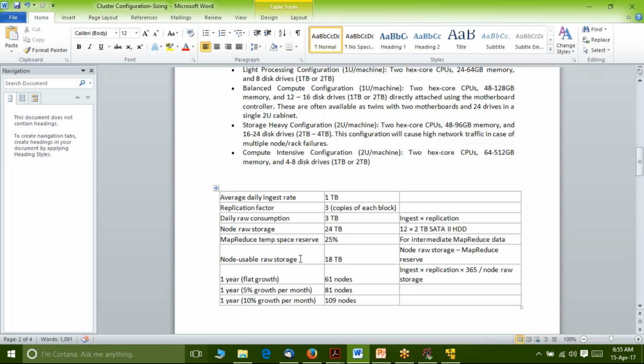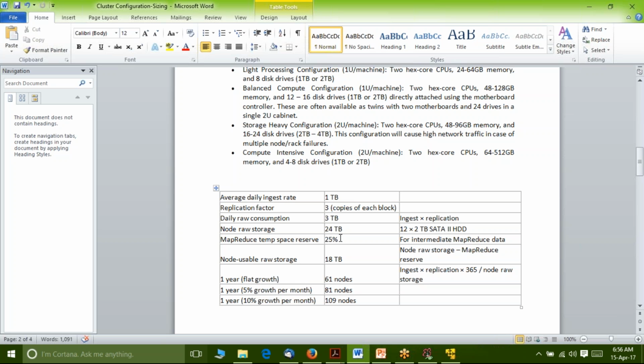Out of 24 TB on the node, if 25% is kept aside for your MapReduce temp space reserve, what is the net? Maybe it is for system files, something like that. No, the 25% only will be sufficient.